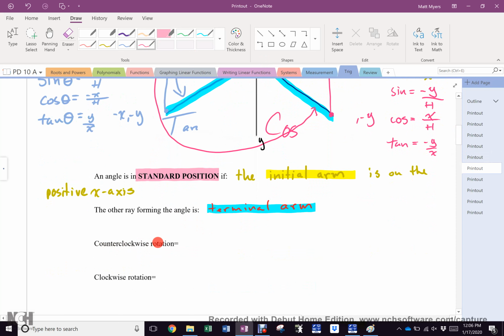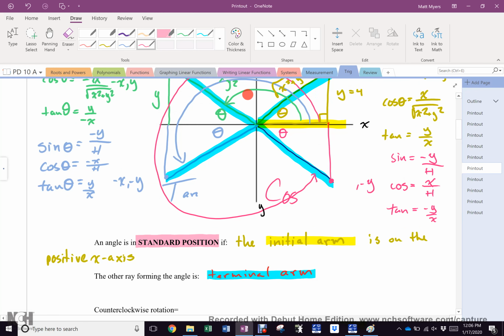So, counterclockwise rotation. In Britain, it's anti-clockwise rotation. Counterclockwise rotation means we start at the positive x-axis.